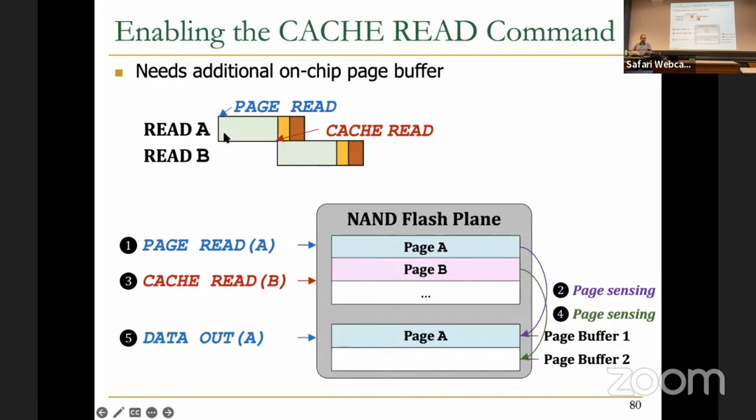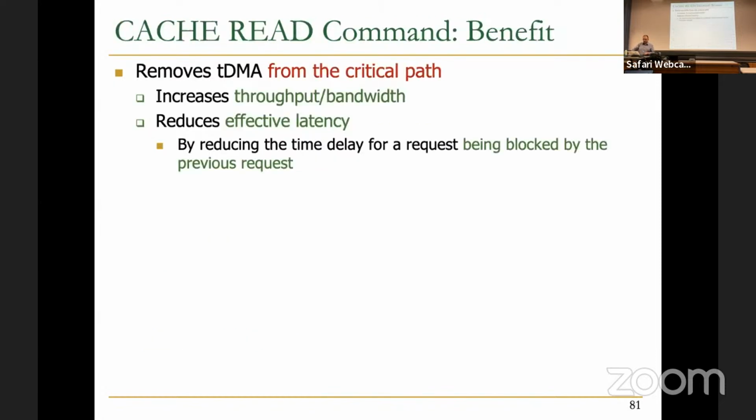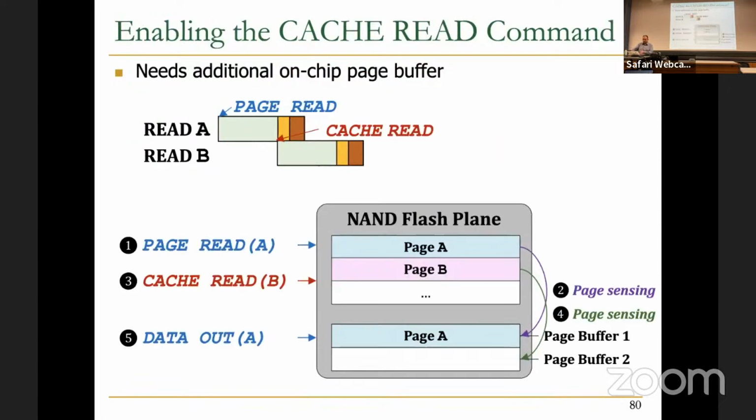So that's the cache command, essentially. Any question? But of course, it doesn't come with no overhead. You need to have more buffers here. So now you need 2 page buffers here. It comes at the price of some overheads, essentially.